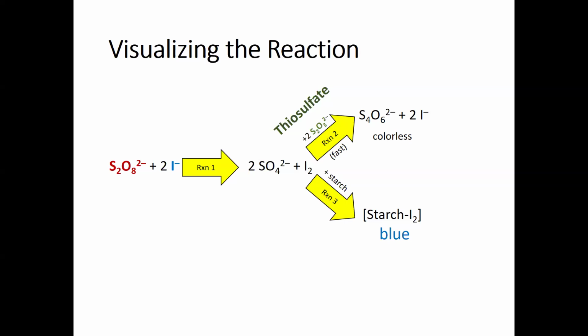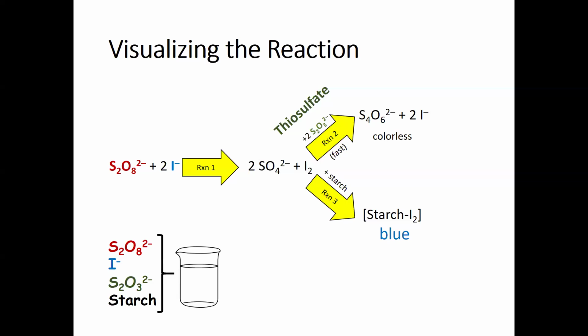So with all of these things together in the same beaker, we actually won't see a color change. So we can imagine if I mix all of these things together, reaction number one will be happening, but we won't see any color change because of the thiosulfate.